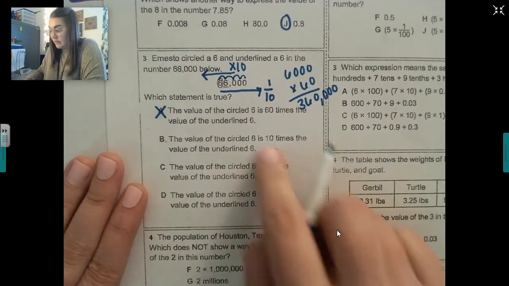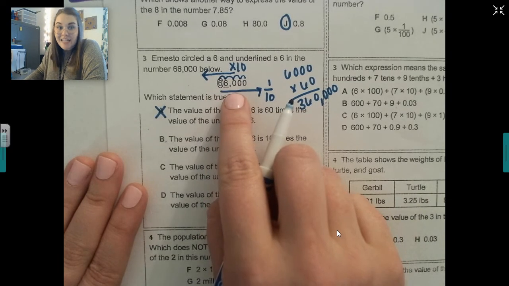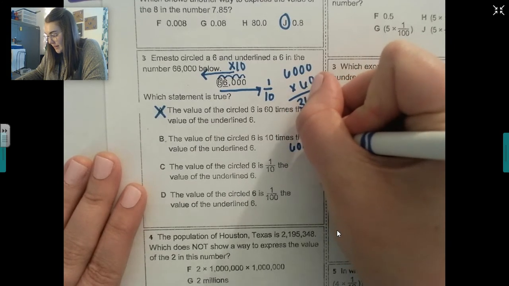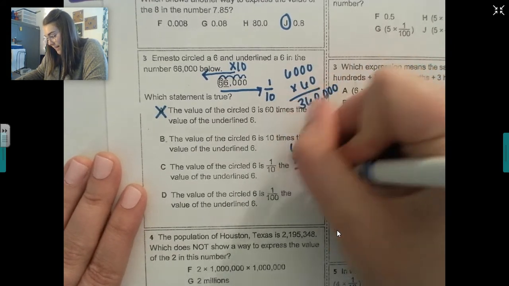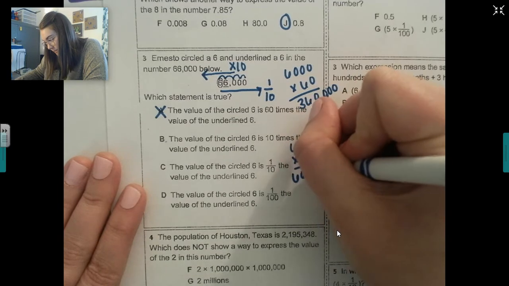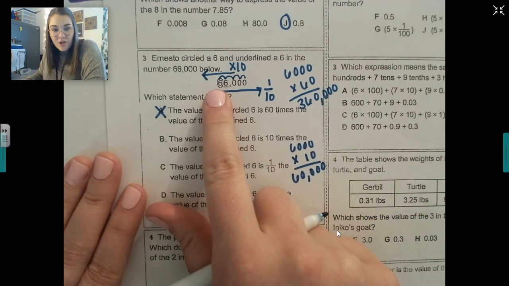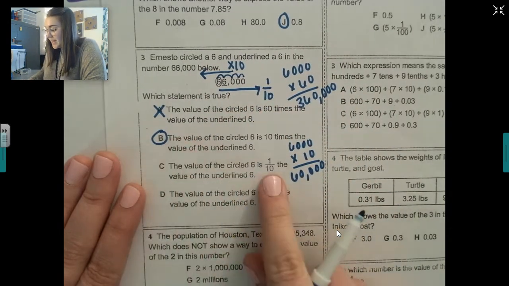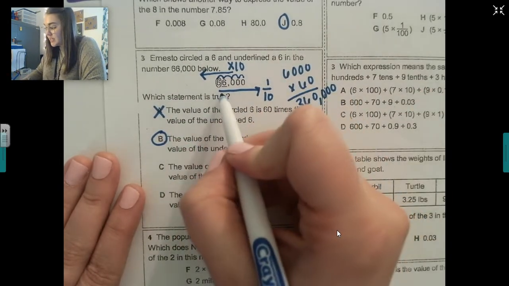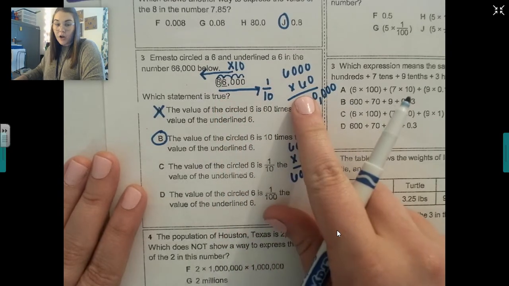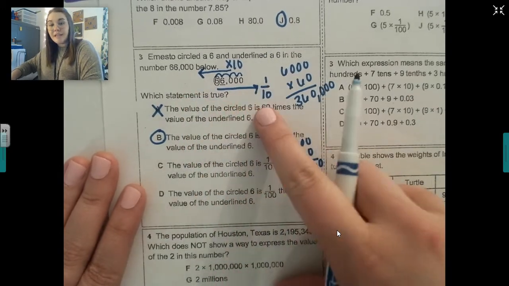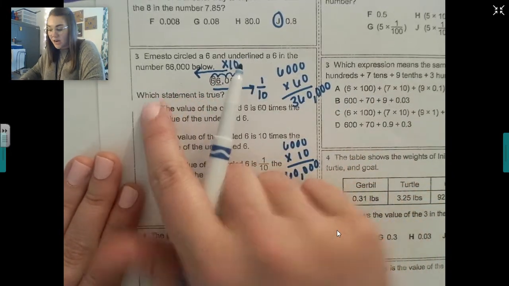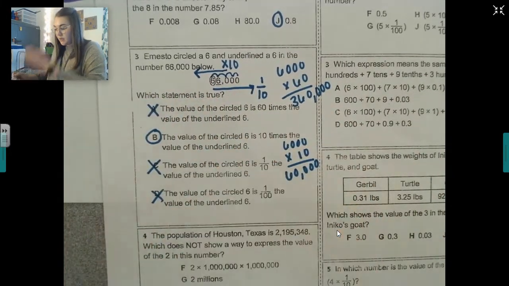So yeah, 60,000 is 10 times bigger than 6,000, because if I took 6,000 and I multiplied it by 10, I would get 60,000. And that's what the value of that circled digit is. So this one would be B. And I know it's not a tenth and I know it's not a hundredth because if you go right on a number, you're getting 1/10 smaller. If you go left, you're getting 10 times bigger. So it's got to be bigger, so it can't be those.